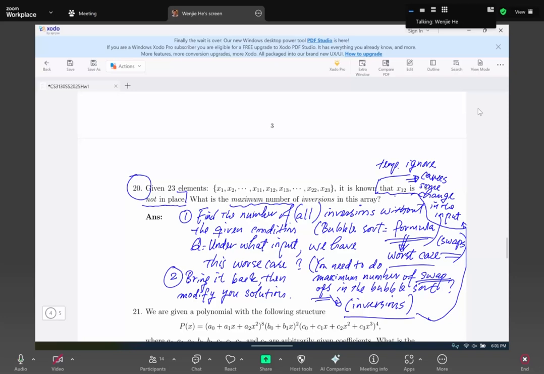You need to do a small adjustment. So in step 2, you do some small adjustment. Then you get the final answer. That's the idea. All right, next question.